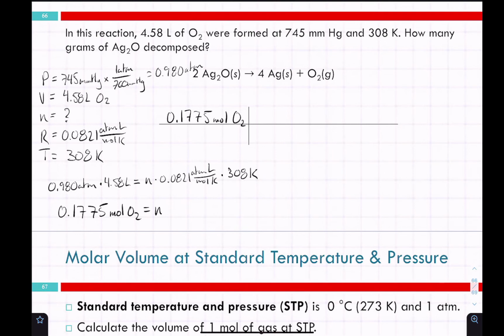So what's the next step? It's the ratio between oxygen and what we're looking for, silver oxide. So what's the coefficient? 1 mole of oxygen, 2 moles of silver oxide.